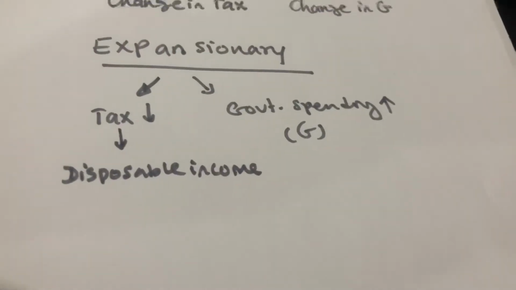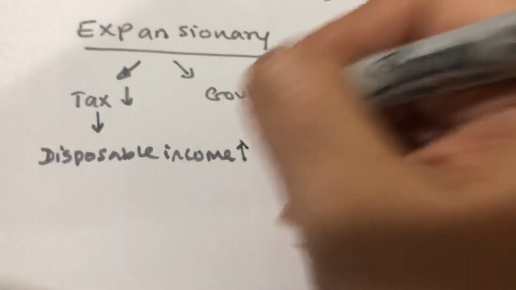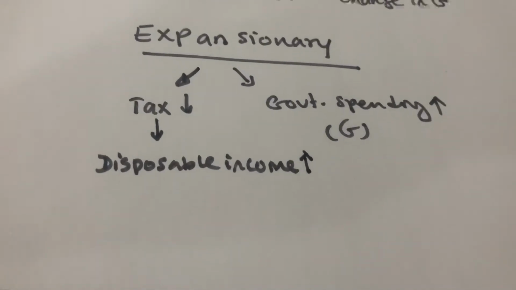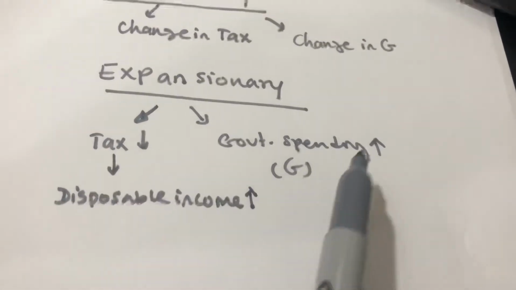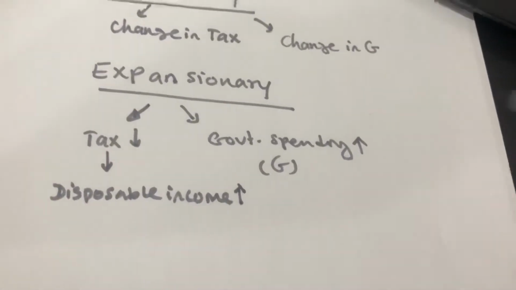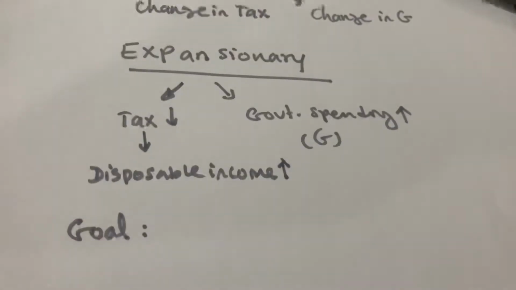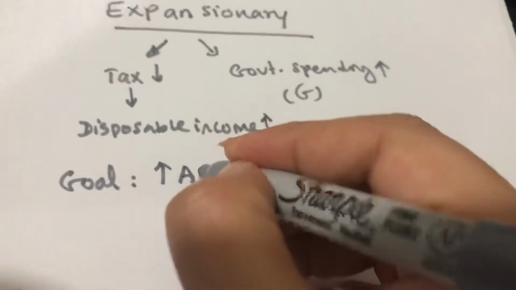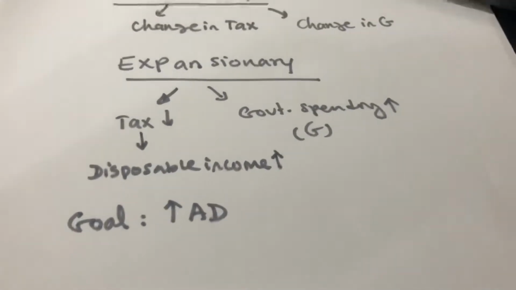So when there is a tax cut, it means that you have actually more money to spend. So your income after tax, or your disposable income, will go up. So reduction in tax and also government spending can both increase the aggregate demand. So the goal here, implementing the expansionary fiscal policy, is to increase the aggregate demand. That's the goal of the government.